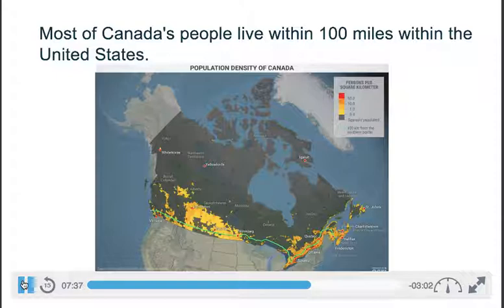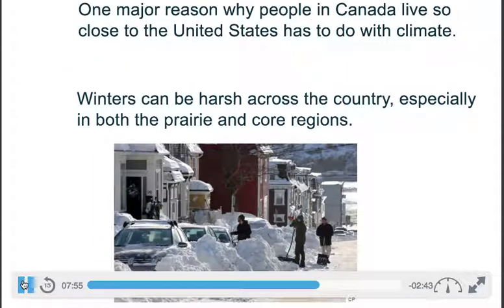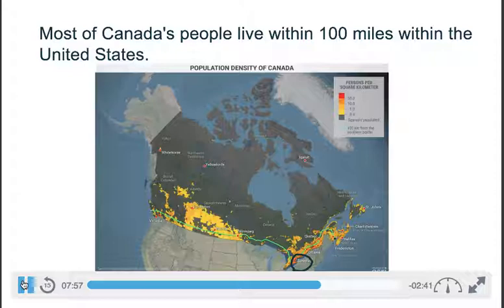Now, most of Canada's people live within 100 miles of the U.S. border. So if you look at this picture below, you can see that green line kind of highlights where most of Canada's population tends to live. Very populated. You can see, for example, cities like Toronto, the capital of Ottawa, Quebec City, Halifax, Winnipeg, and Victoria are found near the United States.